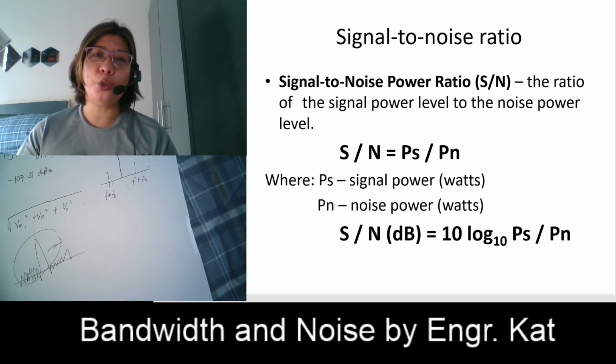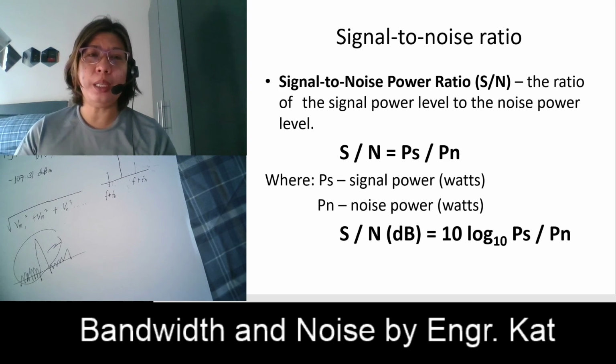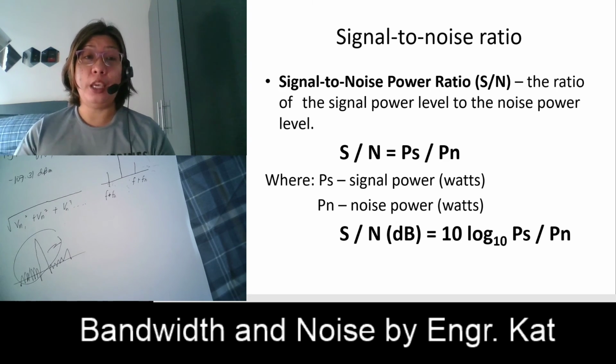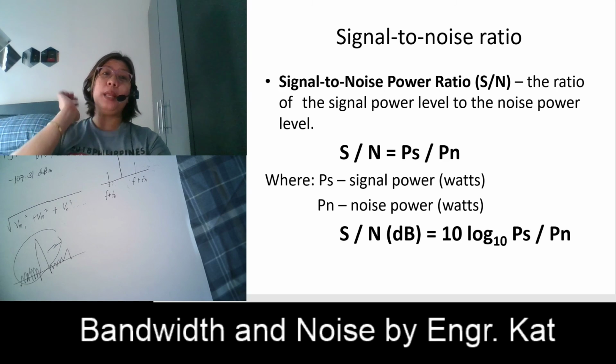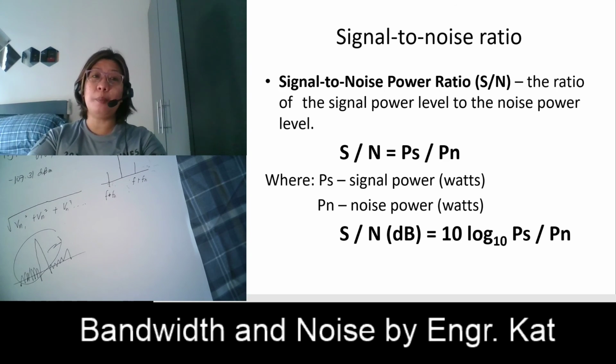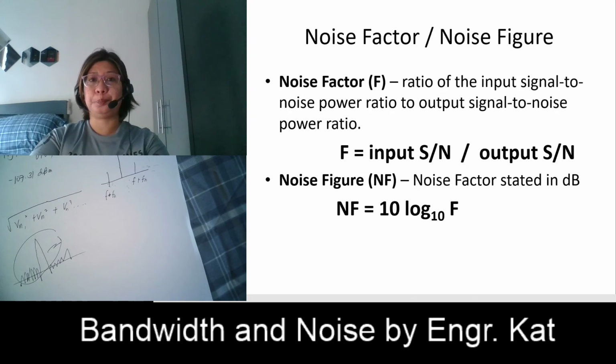So in this case, your signal-to-noise power ratio is unitless, or an absolute ratio, because your watts cancel. But we can express your signal-to-noise ratio in decibels. Since we are talking about a power ratio here, we make use of 10 logarithm to the base 10 of your signal-to-noise power ratio, or PS over PN.